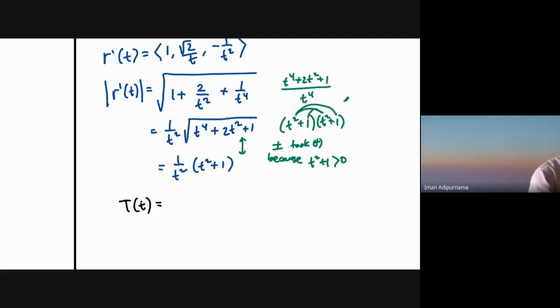So the unit tangent vector is r prime divided by the magnitude of r prime.